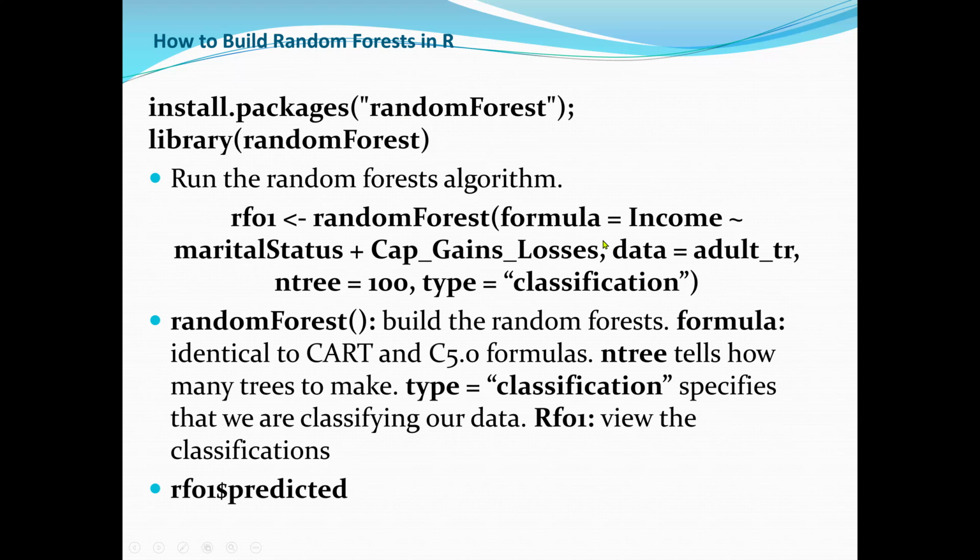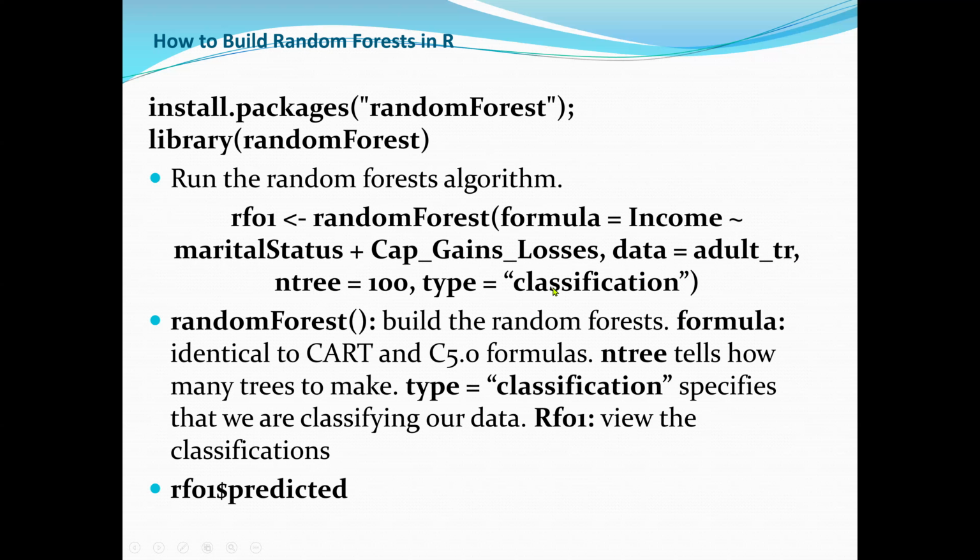We are using the formula, the same predictor variable income, the same response variables marital status, cap gains, losses. And we are using data equal to a.tr. Our data set is coming from a data set named a.tr. Then the number of trees we're going to produce here will be 100.